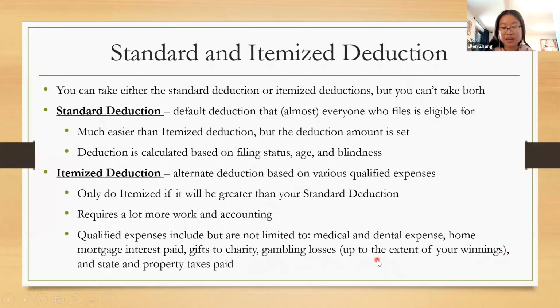So if you won $1,000 but gambled away $5,000, you would only be able to deduct the $1,000. This is a way to prevent people from trying to cheat the tax system by just losing on purpose so they can deduct money from their taxes. Just an interesting note I would like to point out. And so I'm gonna go ahead and move on.